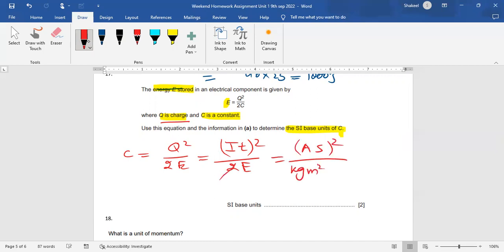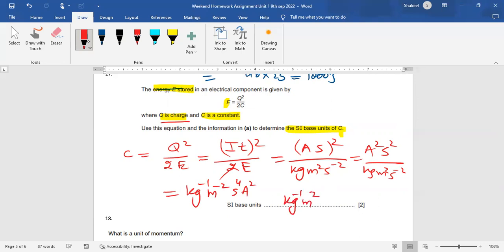Energy is kilogram meter square per second square. So this will be like A square S square over kilogram M2 S minus 2. Simplify it. So kg minus 1, you're taking it upstairs. M minus 2, taking it upstairs. And then S4, you're taking upstairs, and A2. So that will be the unit: kilogram minus 1, meter minus 2, S4, and A2.